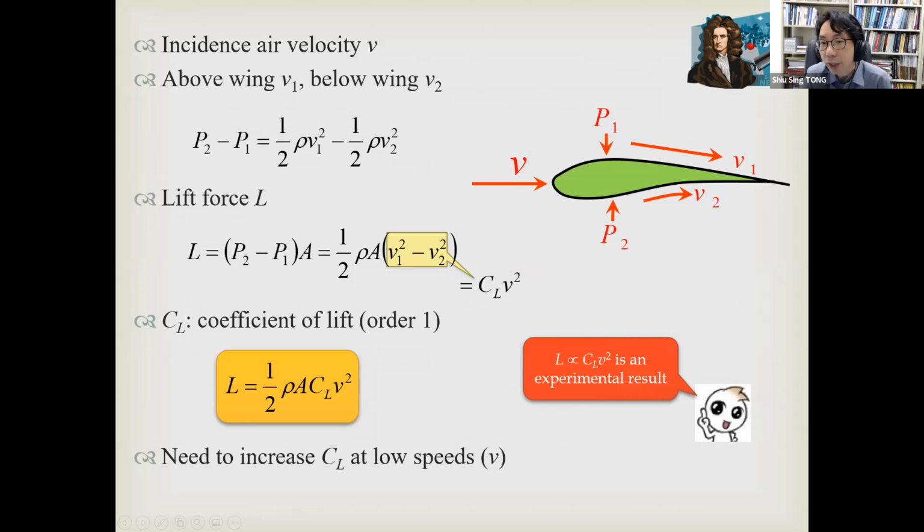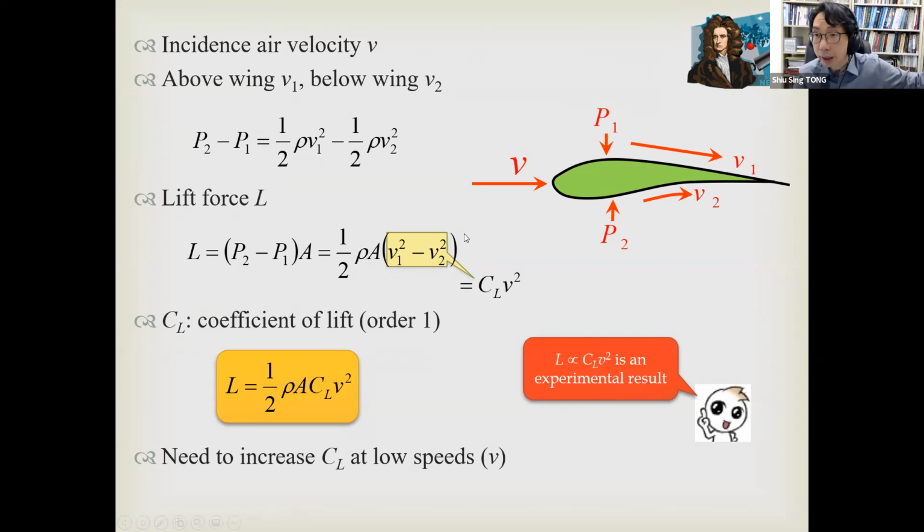That is the experimental fact. And so I can assign a constant, which is called CL.